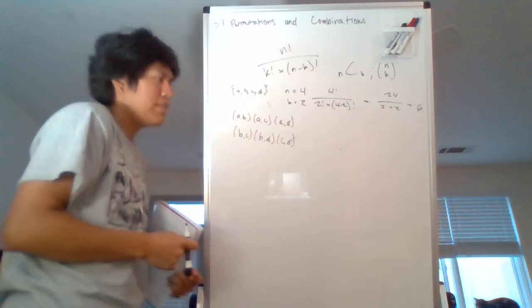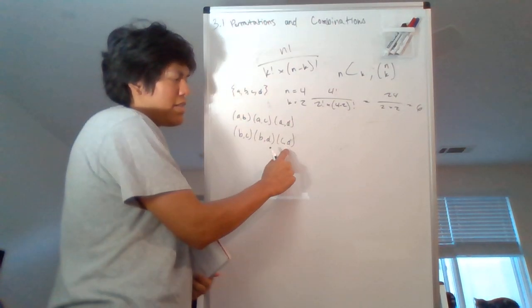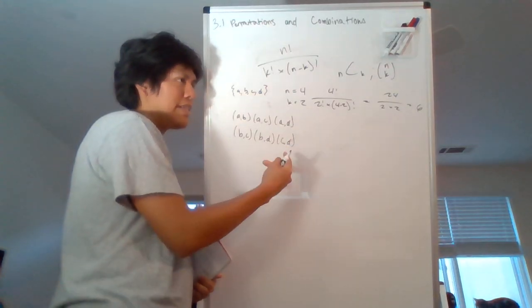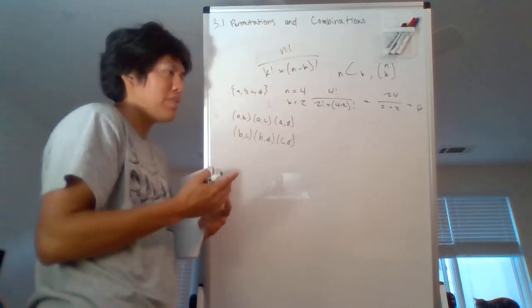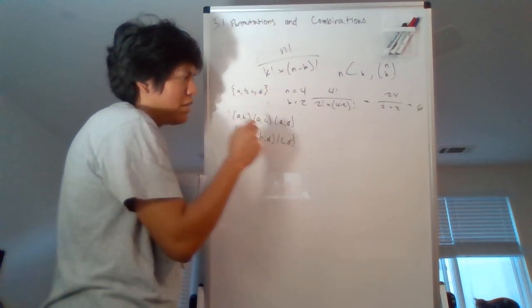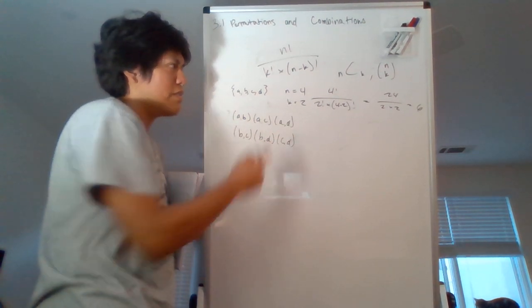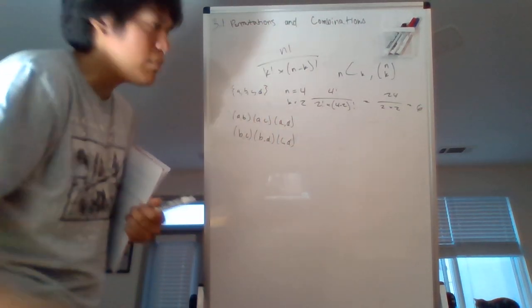And that's it, right? And again, CD and DC would be the same thing, so they're counted as 1, not 2. And that's all of the 6 possible 2-element subsets from a 4-element set. Okay.